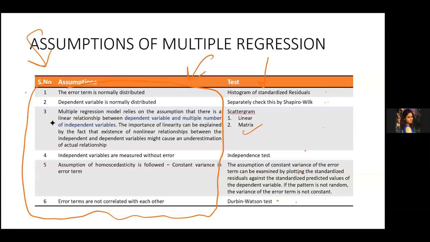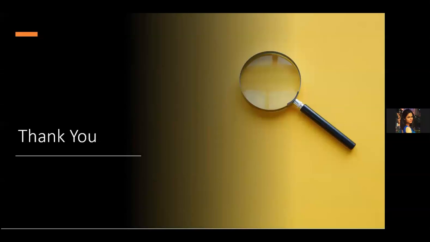Yes, what is heteroscedasticity, and how you check linearity by plotting a scattergram. That's it. Okay. Any questions? Any question that you have? Did you understand?